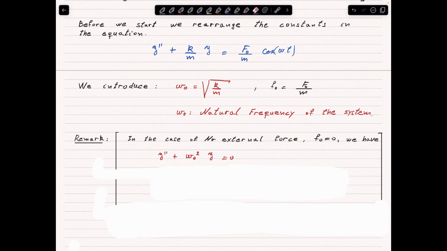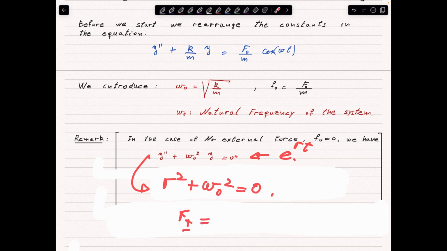You just put in exponentials e^(rt), which gives the characteristic polynomial r squared plus omega 0 squared equals 0. That means r plus minus is pure imaginary, plus minus omega 0 i, and that means the fundamental solutions are real valued, sine and cosine functions.